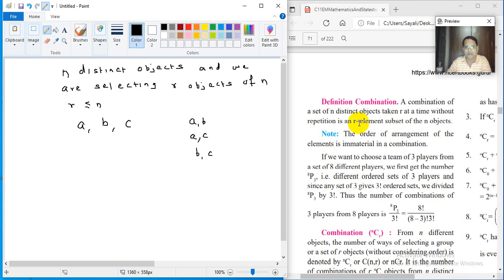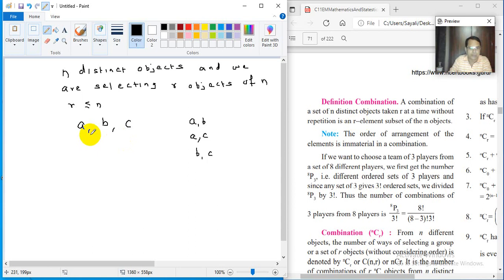A combination of a set of n distinct objects taken r at a time, okay, without repetition is an r element subset of the n set. n ऑब्जेक्ट्सचा r element सबसेट मला तयार करायचा आहे. किती असे सबसेट्स तयार होतील. That is combination of r objects taken from n objects. बरोबर ना. बघा the order of arrangements of the element is immaterial in the combination.